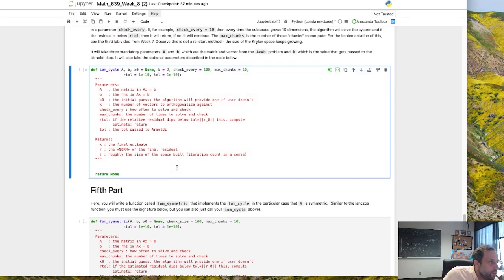Okay, so IOM cycle. This is going to be very similar to what we did before.